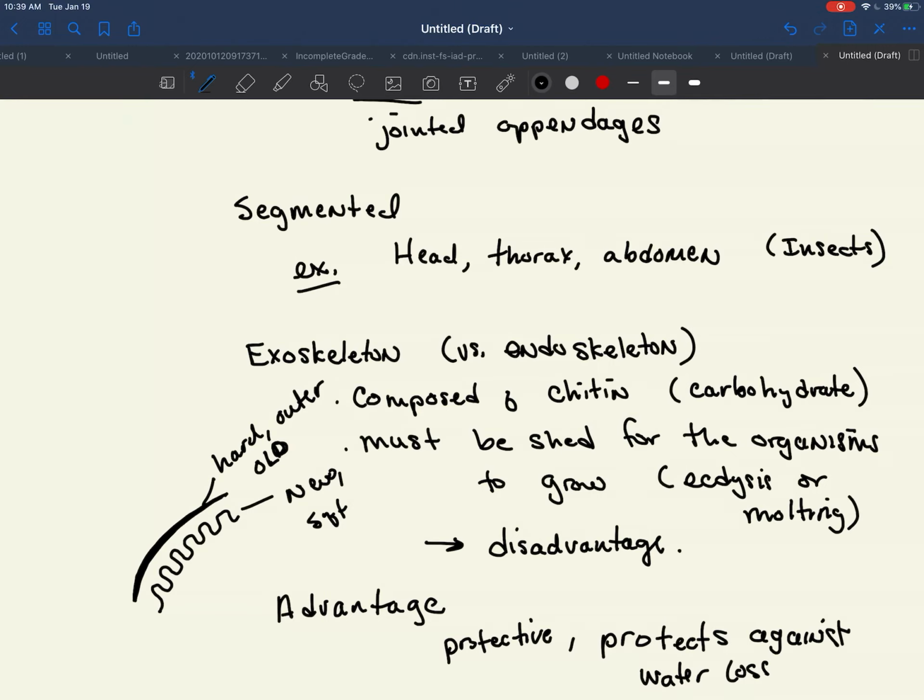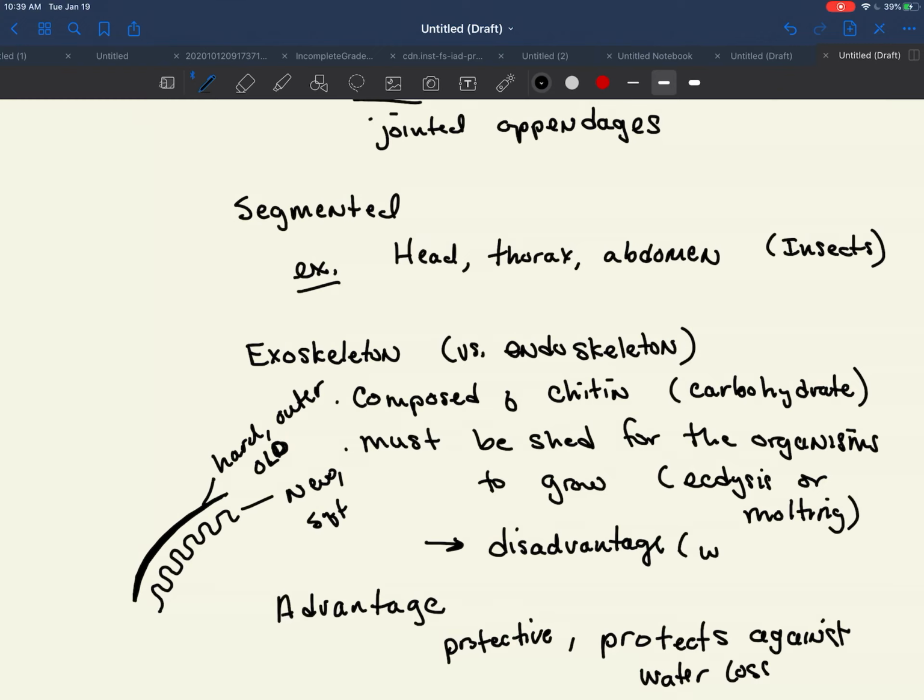Another disadvantage to having an exoskeleton is it is heavy, and so the organism can't actually get too big. We do not see giant grasshoppers or giant beetles crawling around on the planet because there is a limit.